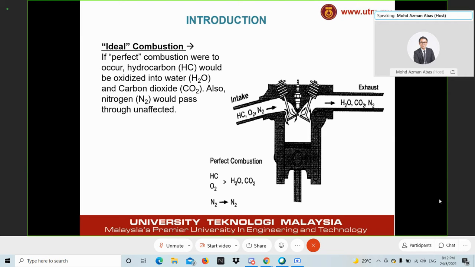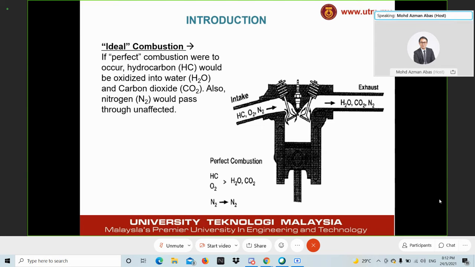We still need to know what the perfect combustion is. It only occurs when hydrocarbon is oxidized into water and carbon dioxide. This is basically a breakdown of the hydrocarbon into H2O and CO2. Also, nitrogen would pass through the combustion without being affected.